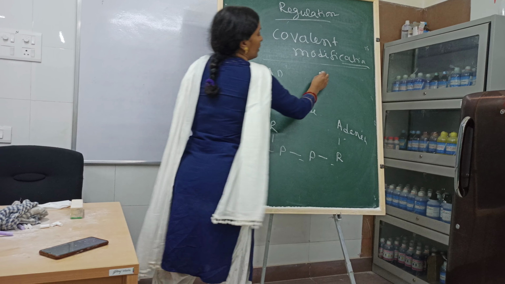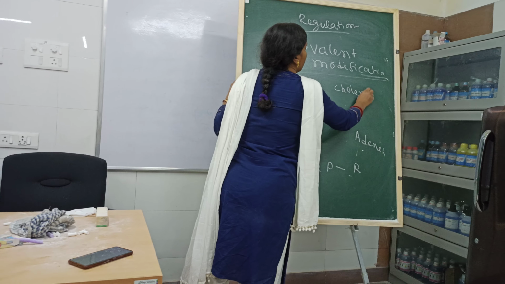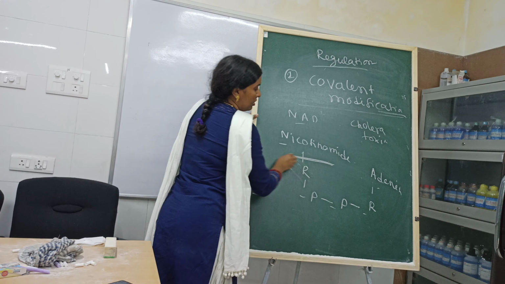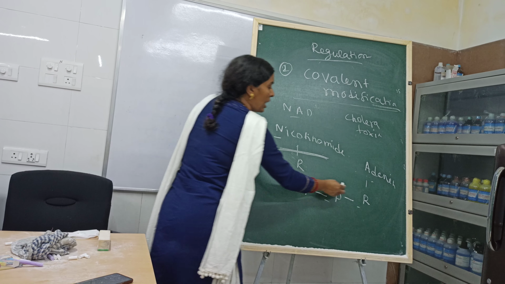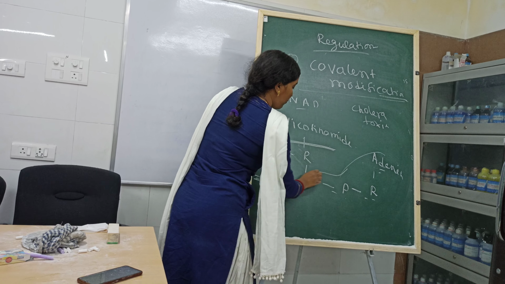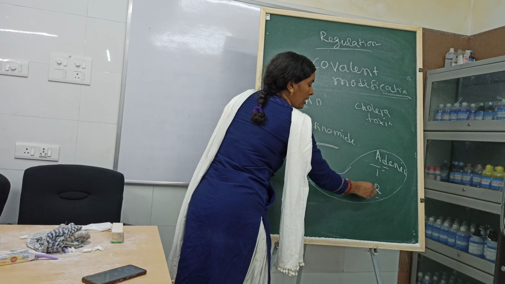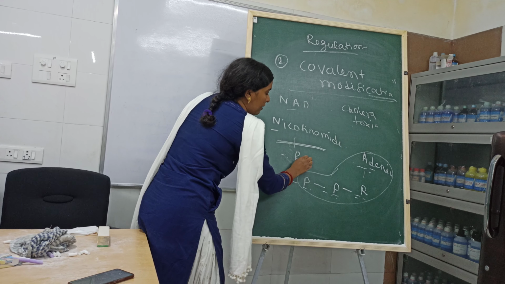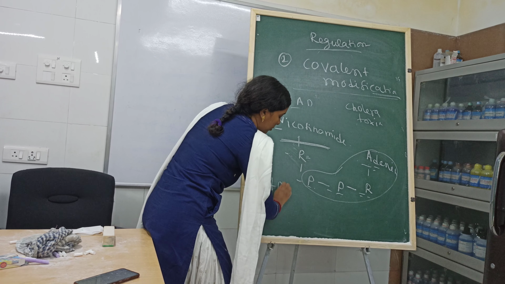And the cholera toxin usually cleaves here. So now the adenine, ribose, and phosphate portion is ADP, diphosphate, and another extra ribose. So it is ADP ribose.